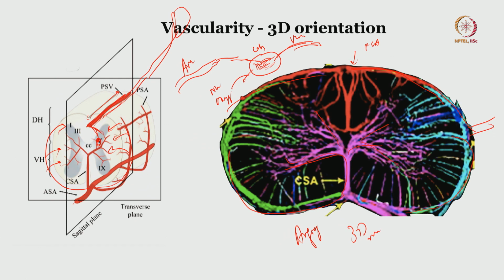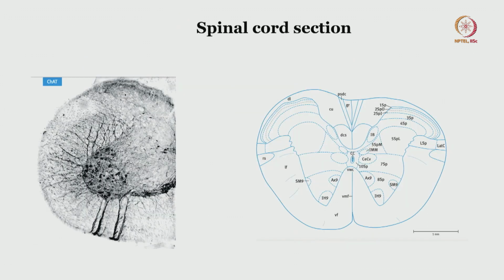If you really want to make any sort of surgical approach, these arteries should be avoided at any cost. Whatever surgery or experiment you are planning to do, you need to safeguard and choose a relatively avascular zone. As we discussed in stereotactic brain surgeries, you need to avoid these arteries, and only then can you approach the cord substance. So, how does the inside of the spinal cord look, and what is it composed of?